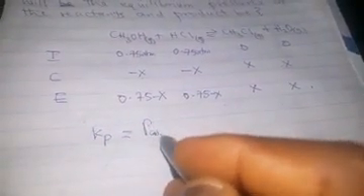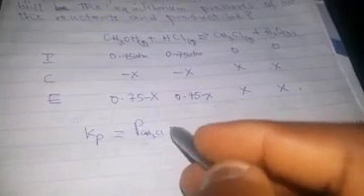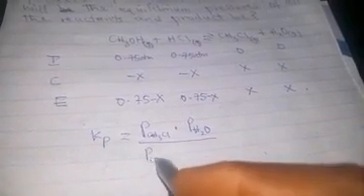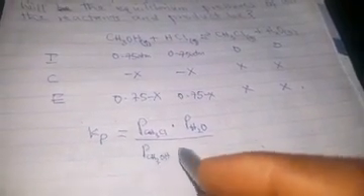Now we can write our expression for Kp. Kp will be the partial pressure of chloromethane times the partial pressure of water, divided by the partial pressure of methanol times the partial pressure of HCl. They all have a number of moles of 1.